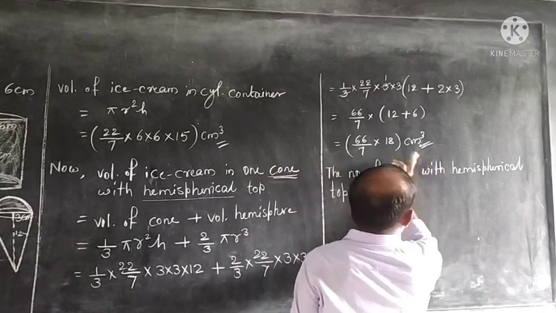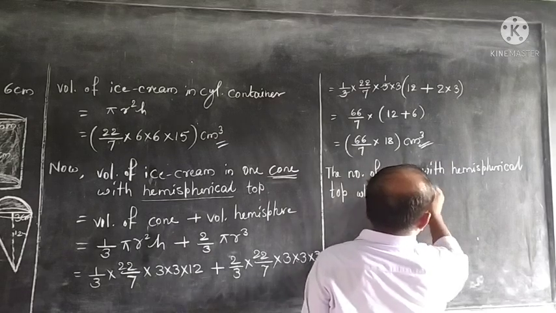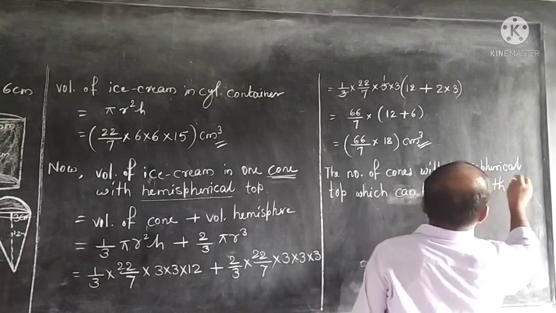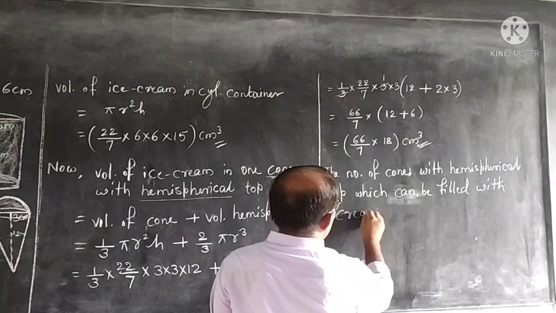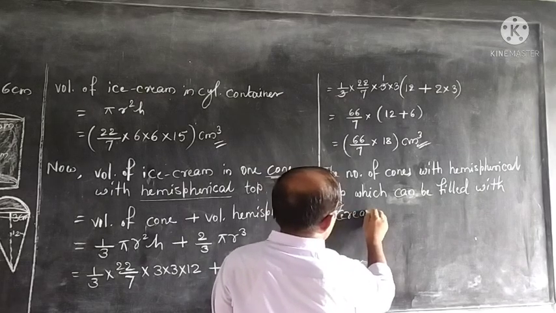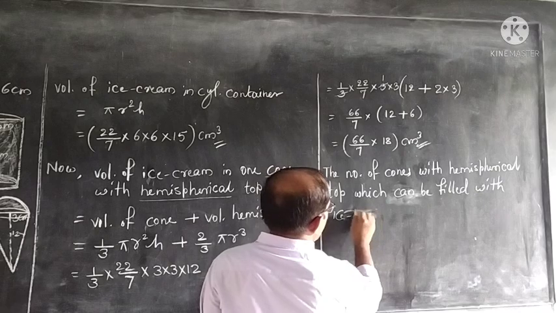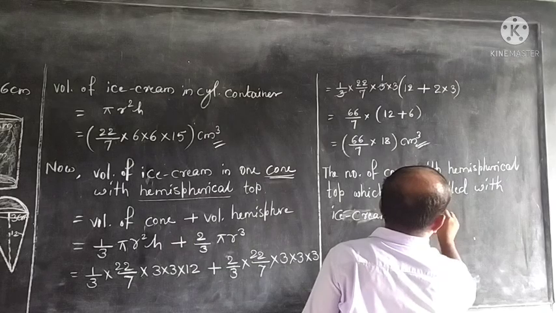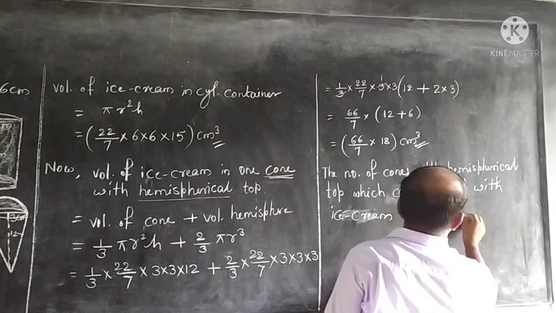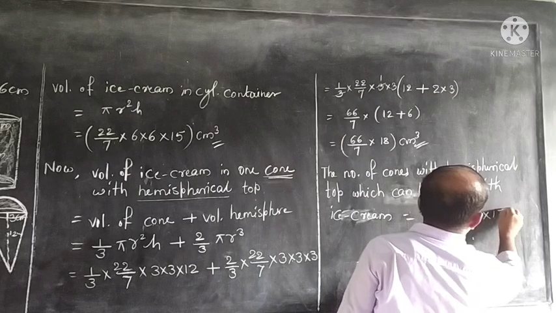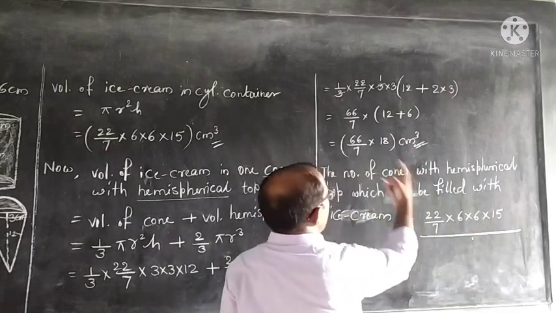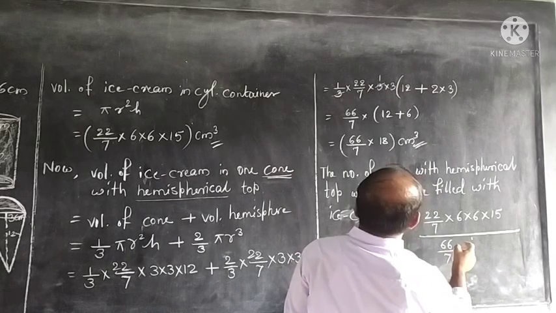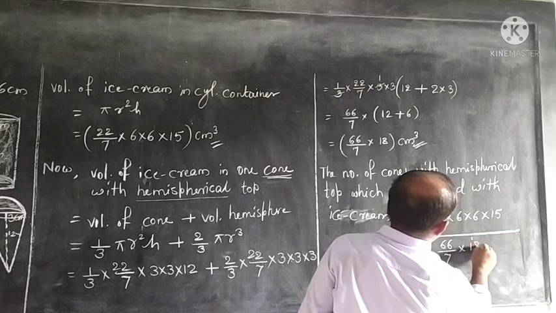It is equal to the total amount, that is 22 by 7 into 6 into 6 into 15, divided by the amount of ice cream in one cone, we get 18.